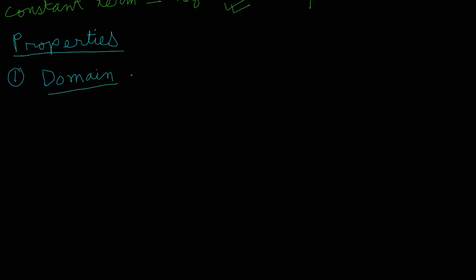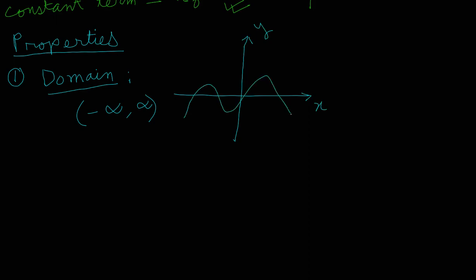The domain of any polynomial function must be negative infinity to positive infinity. Okay, so that means your graph needs to basically spread infinitely. So for example, this is my x-axis, this is my y-axis. If I draw a graph, so my graph on this side is going to infinity, on the left hand side it is also going to infinity. So this is a polynomial function because the domain is from negative infinity to positive infinity.